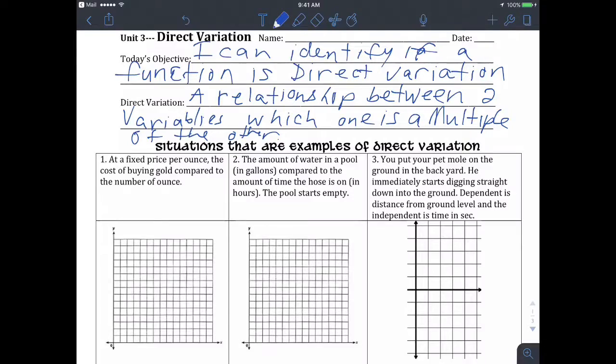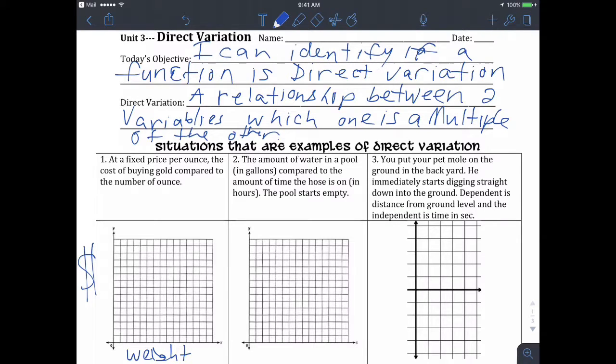All right, so for this one, we know that the weight of the gold is the independent variable, and the money is the dependent variable.